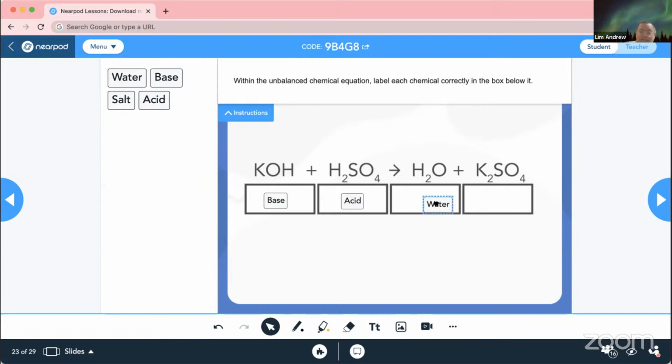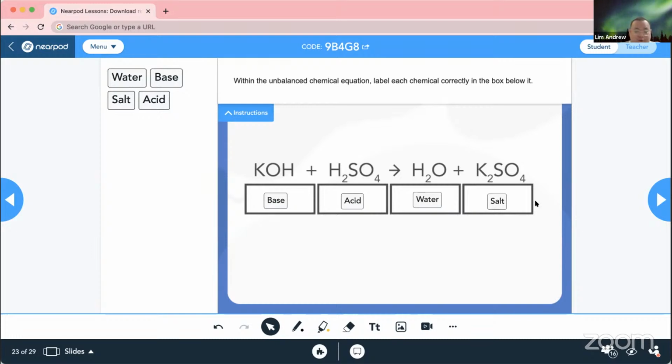And I know water is always standardized as H2O. We have the remaining as salt. So with all these things in mind, we have base plus acid equals water plus salt.